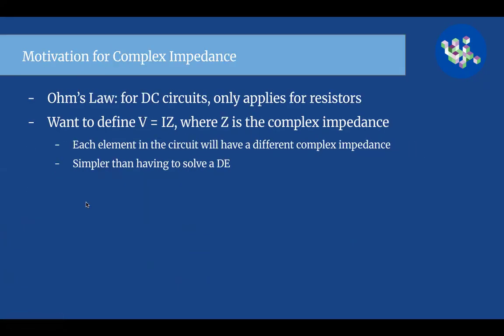Now, Ohm's law, V equals IR, we used that when we had a DC circuit. And the thing about it is that V equals IR only applies for resistors. Now, what we want to do is say V equals the current in the AC case times what we call the complex impedance.